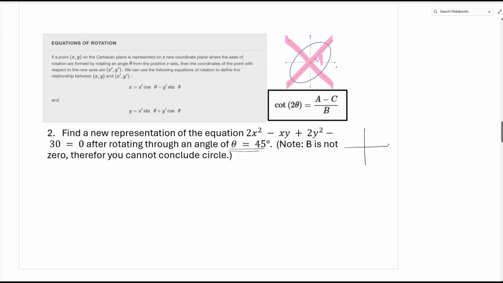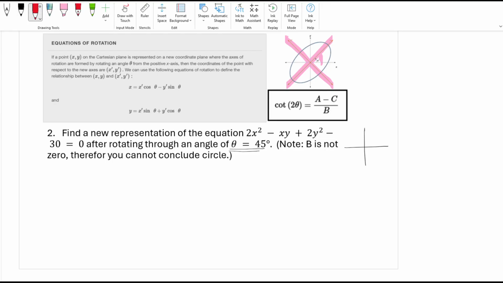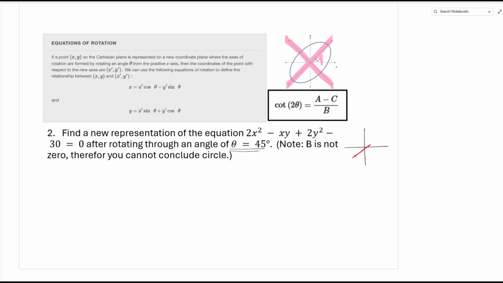We're going to have a 45-degree rotation. So our axes are actually here, and that'll be the x prime axis, and here the y prime axis. Okay, so rather than using the original xy, we have a new xy, and you know, we label them the same.